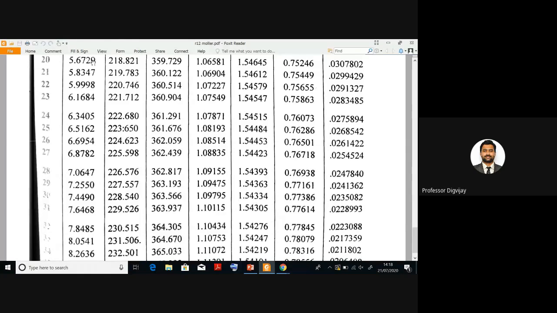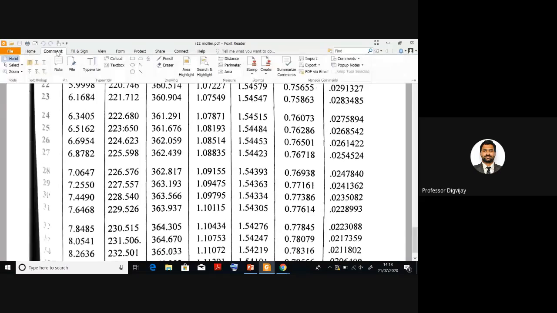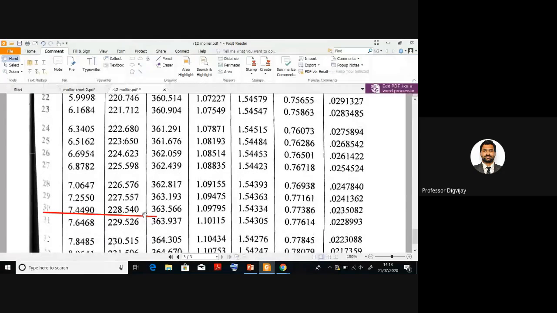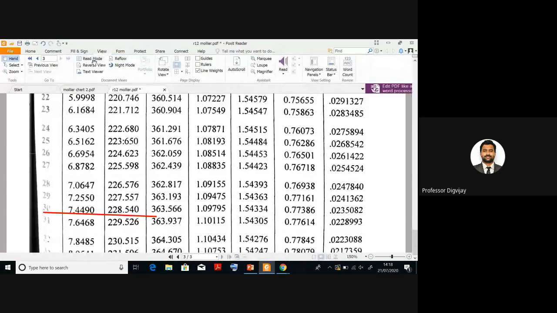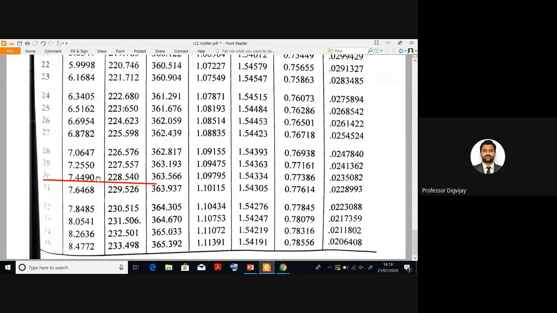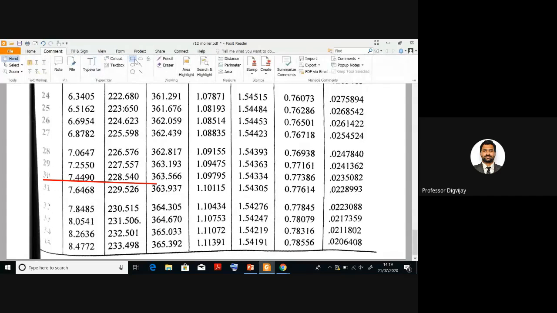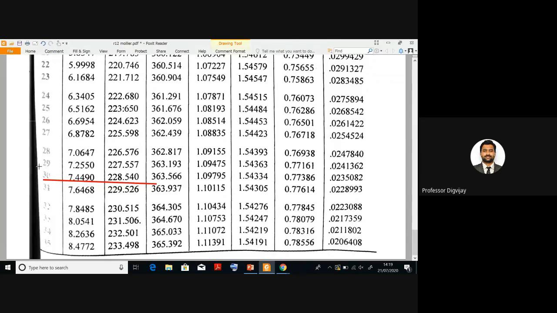So let me just add a comment line. I'll take this value. So these will be my values.